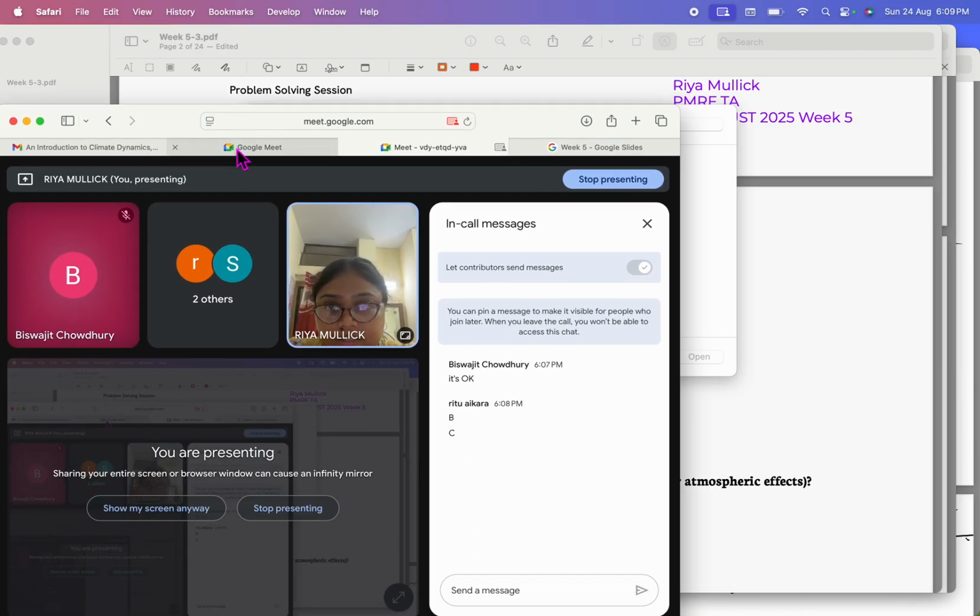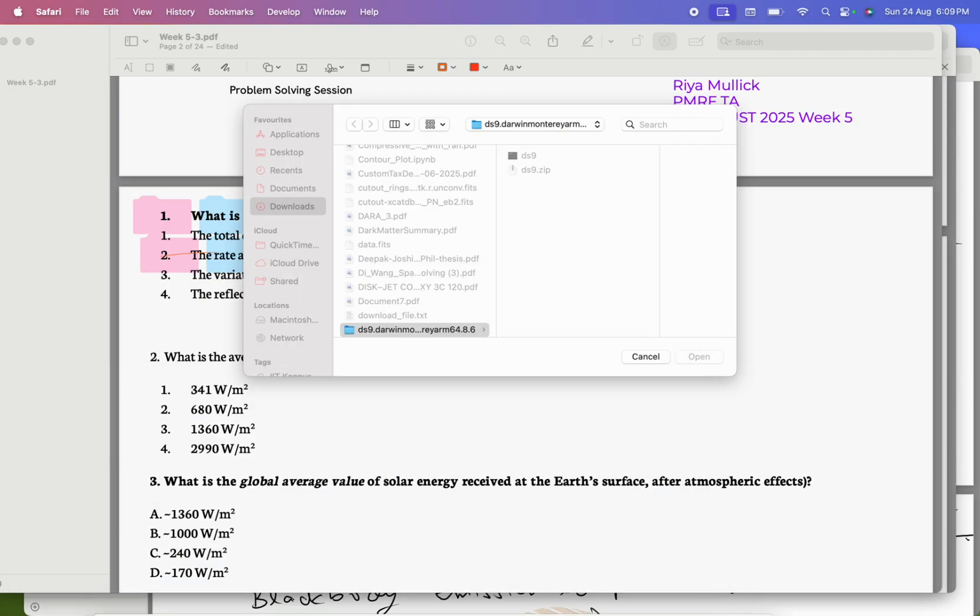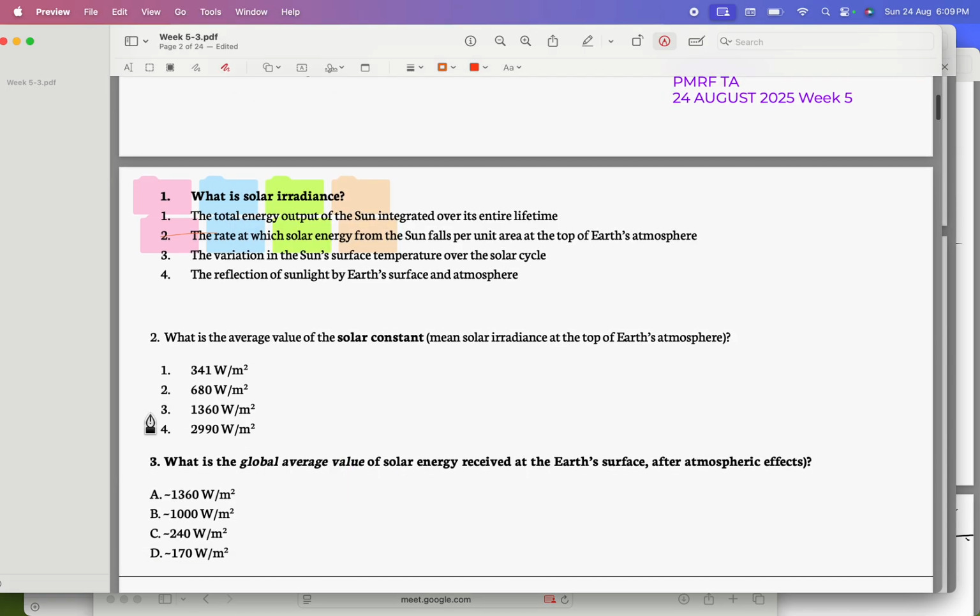Yes, this is 1360 watt per meter square. Question 2, option C is correct.